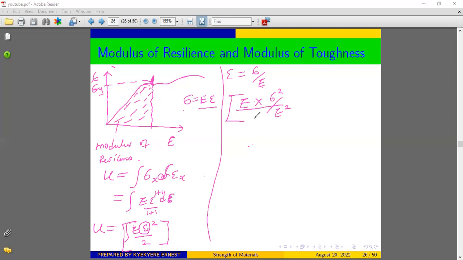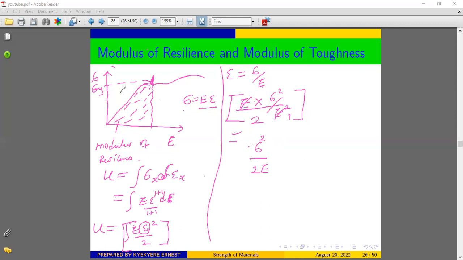And already we have our 2 there. And from here, one of this E will take away one of this E. And so our formula will now be the stress squared over 2E, which is the modulus of elasticity.